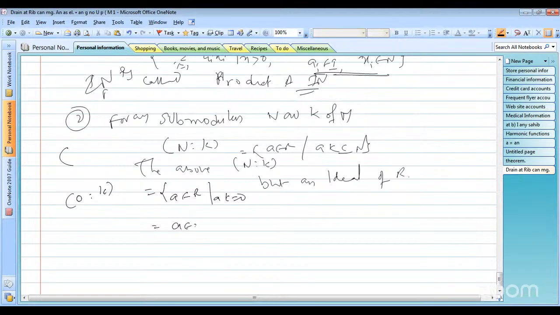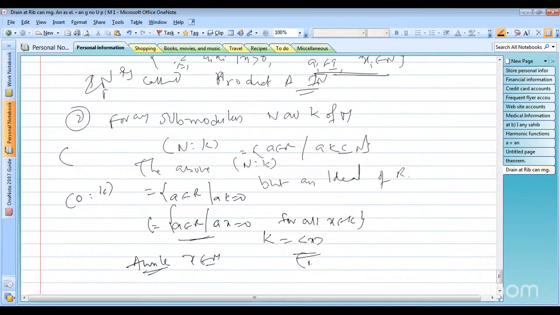That means a belongs to R such that ax is equal to 0 for all x belongs to K. It's called the annihilator of K, also denoted by Ann K. We are writing annihilator as Ann K. So therefore, K is the cyclic submodule generated by an element x belongs to M, and the annihilator of the generator of x, the generator is the bracket of x.